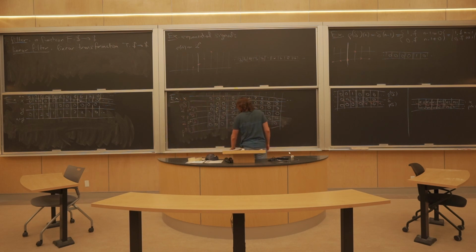To sum up, we have that x is a linear combination of shifts of delta. Let me write it above.